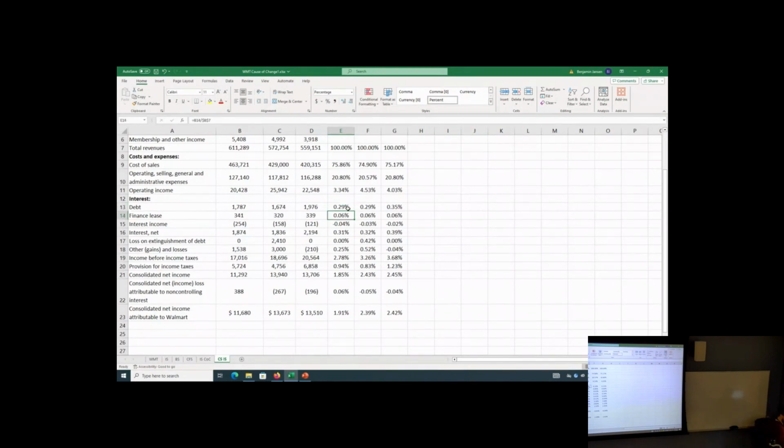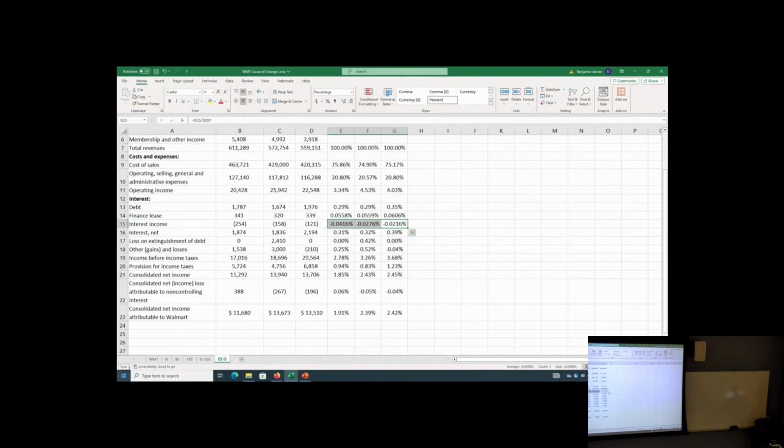Do we see a significant change in leasing costs? No, it seems completely flat, right? Maybe if we expand the decimal place a little bit more, it decreased a very slight amount. And sometimes you'll have to do this to see any actual change going on. Interest income.